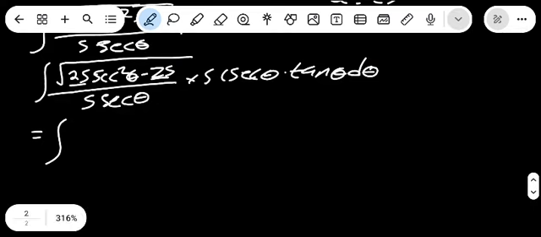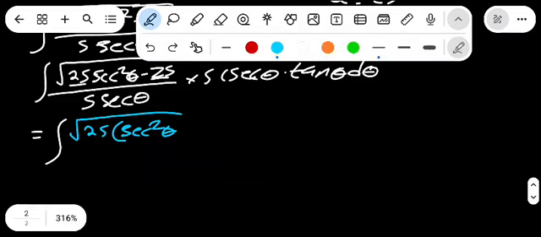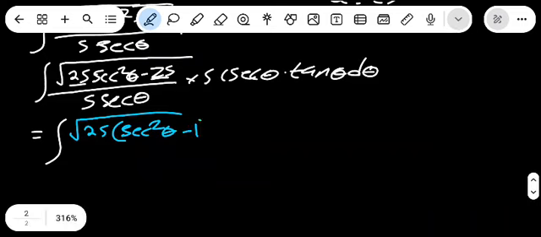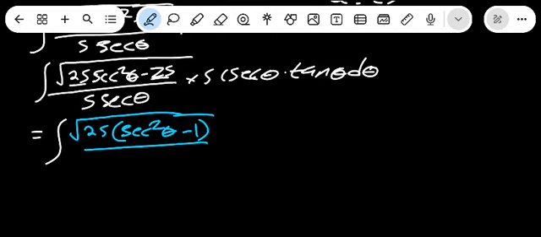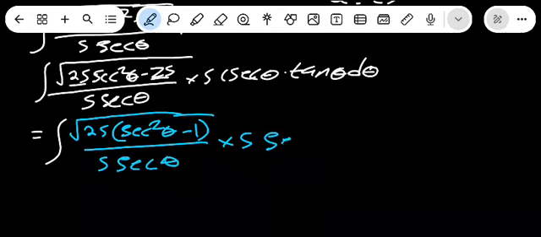We'll have the root of 25 times secant squared theta minus 1, all over 5 secant theta, multiplied by 5 secant theta tan theta d theta.